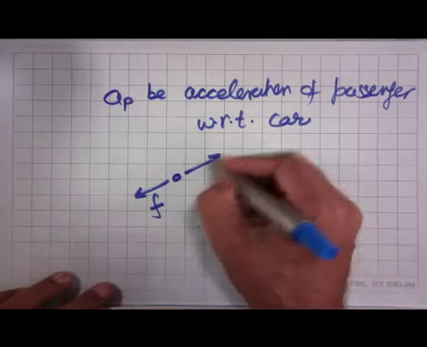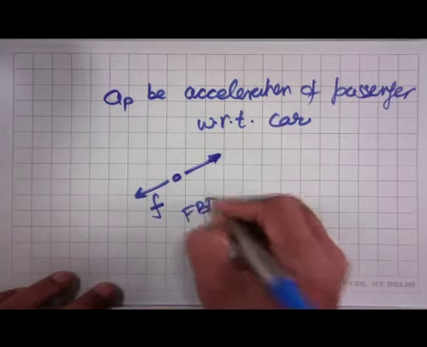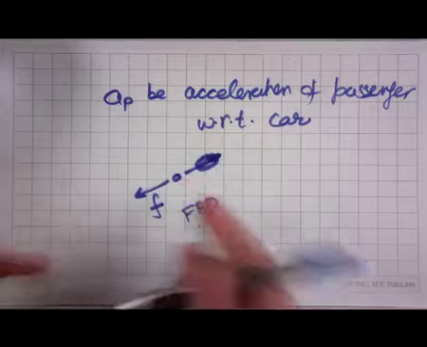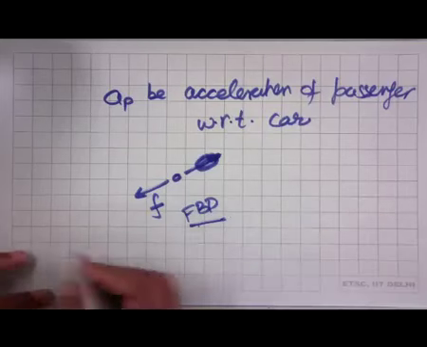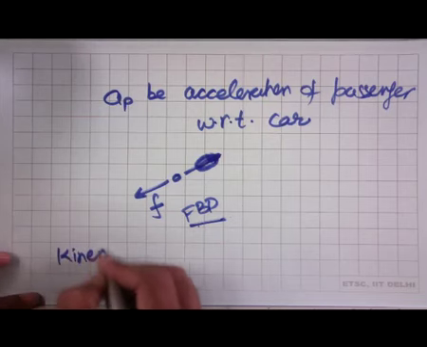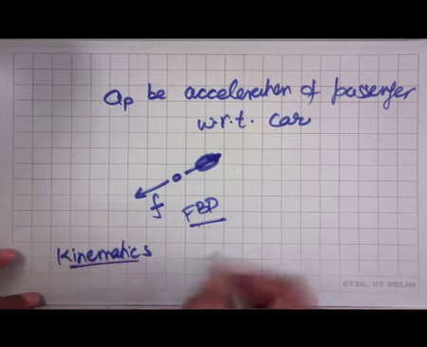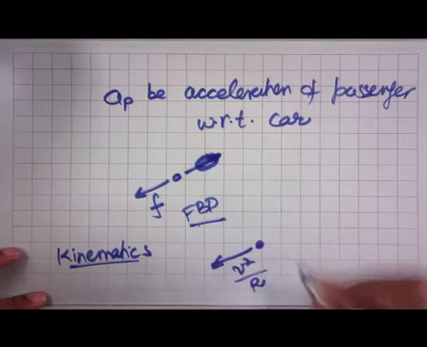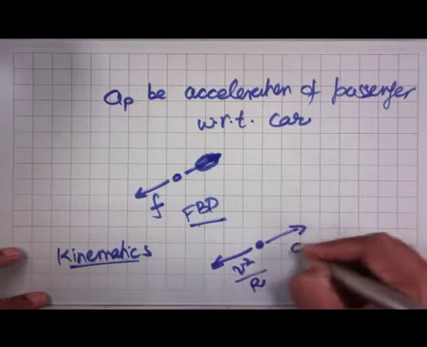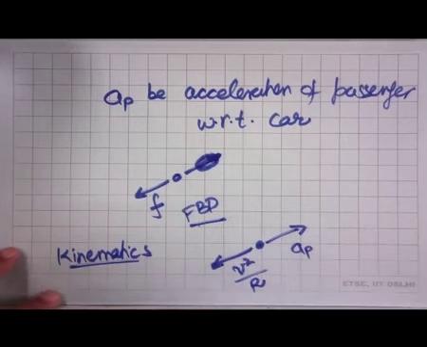So, the free body diagram still stays the same. In addition to this, we have the normal reaction and the weight which cancel each other. But if we look at the kinematics, then we find that we have an acceleration equal to v square upon r, and this is the acceleration of the car, and AP is the acceleration of the passenger with respect to the car.